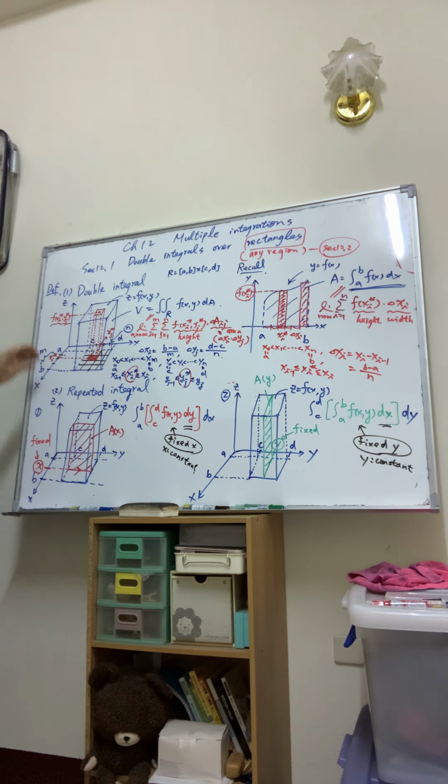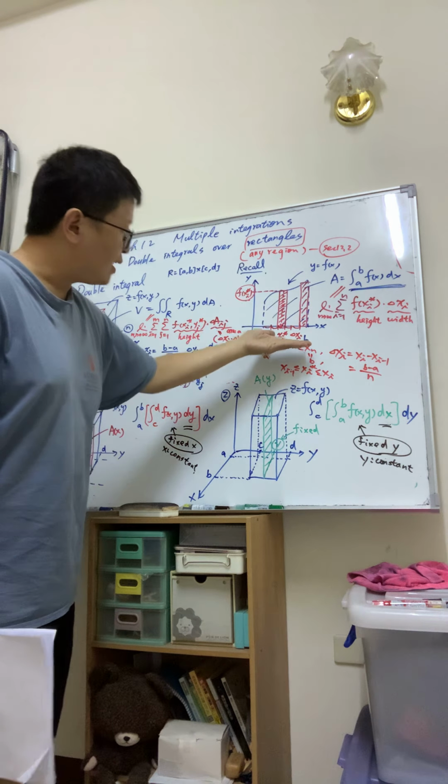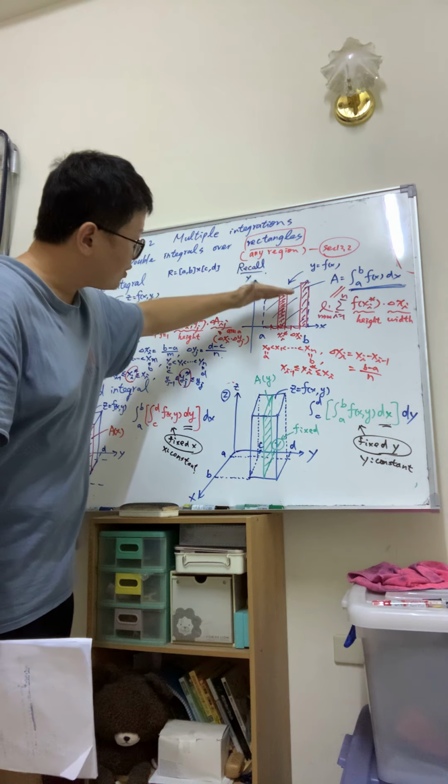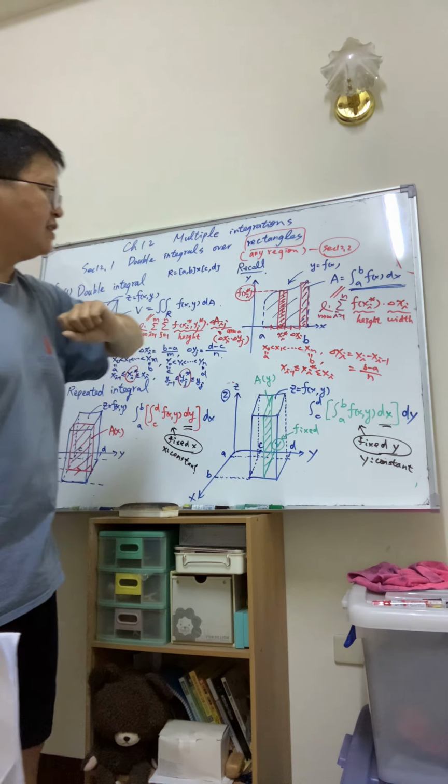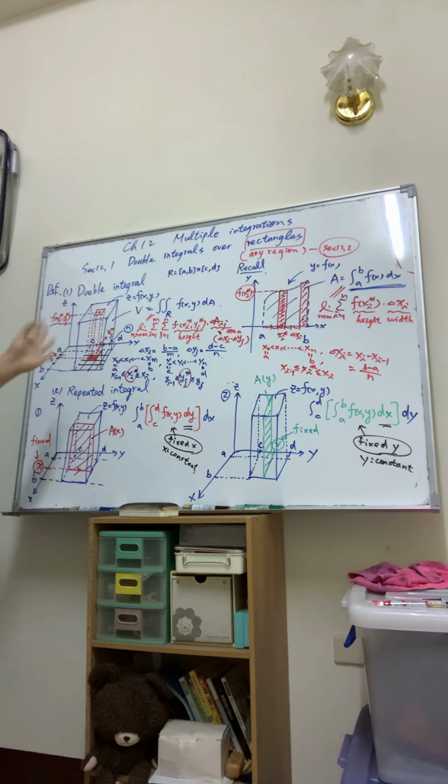In the single-variable case, it is above the x-axis and below the function y equals f of x. So that's the different part, but there is some similar part between them.